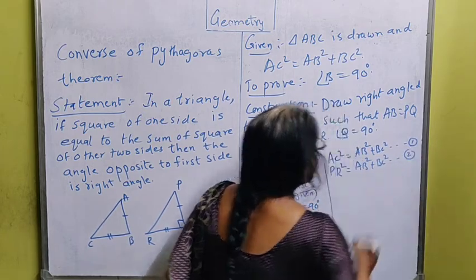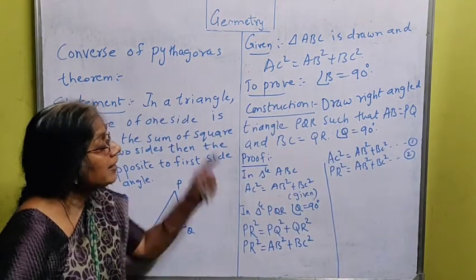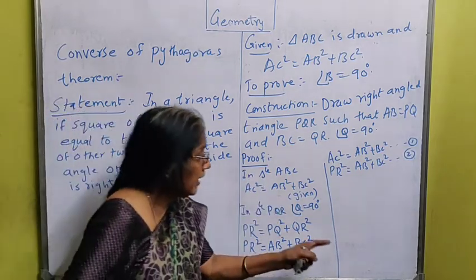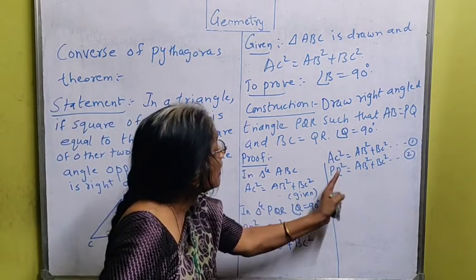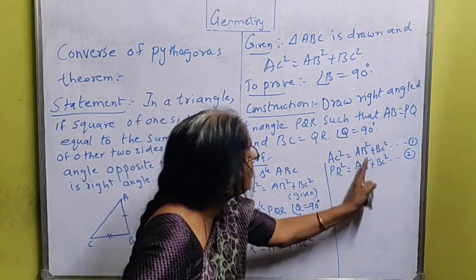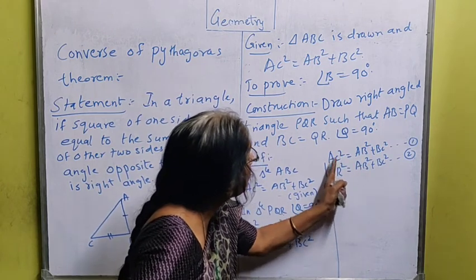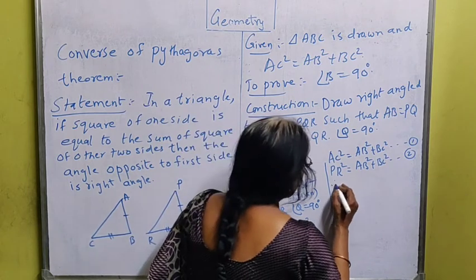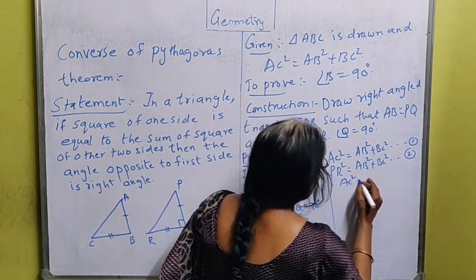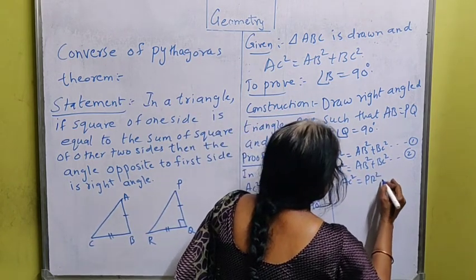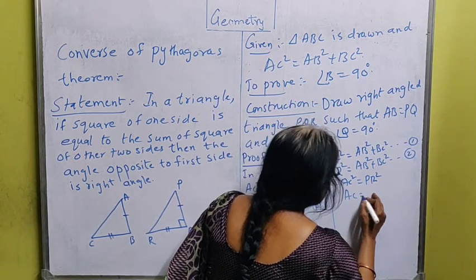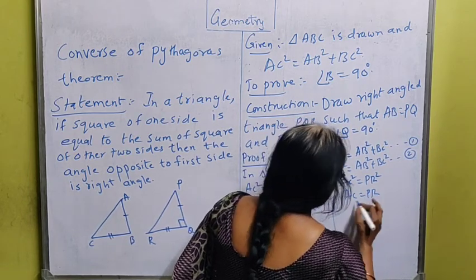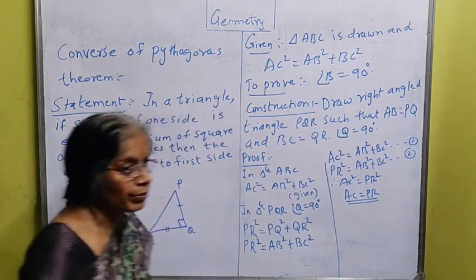This is equation 2. So from 1 and 2, taking axiom 1: when the same thing is equal to different things, then those two will also become equal. So therefore AC square is equal to PR square, which means AC is equal to PR. This is very important; you have proved it.